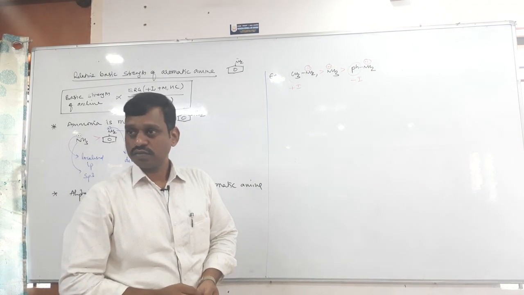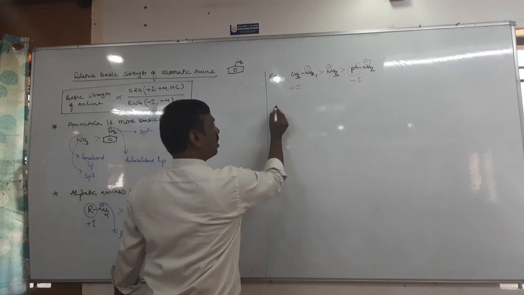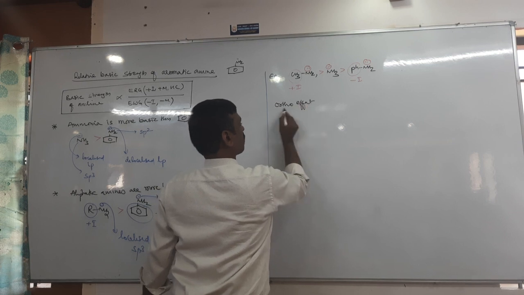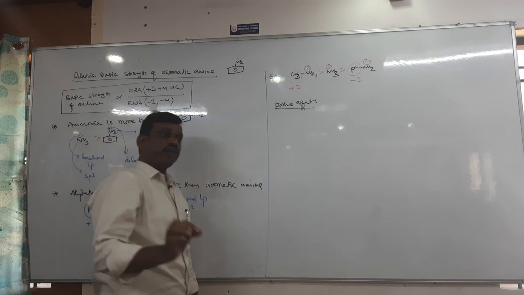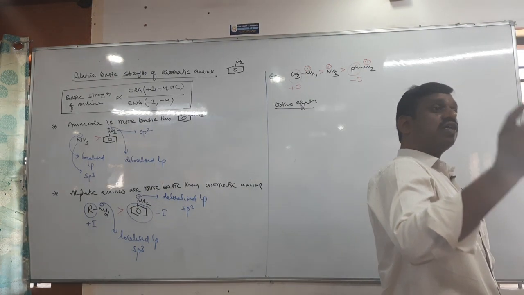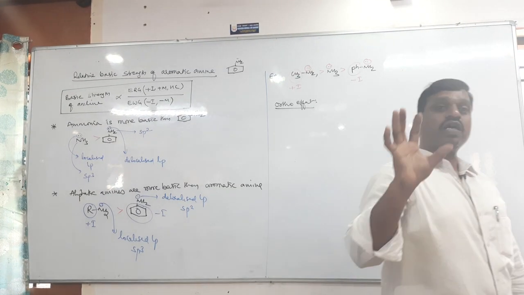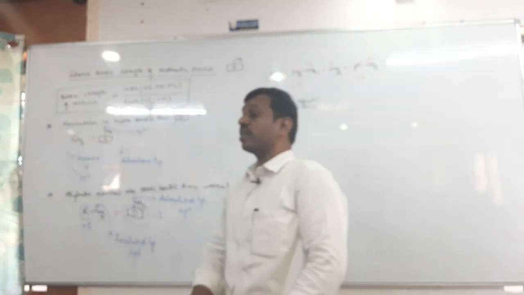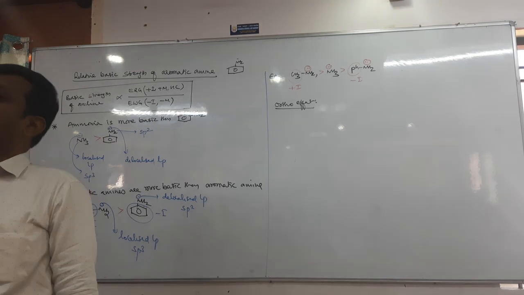Okay, next, let us see the ortho effect. Come on, tell me what is the ortho effect. We have studied the ortho effect even in carboxylic acids, that is aromatic carboxylic acid. Ortho substituted aromatic carboxylic acids are more acidic compared to benzoic acid.